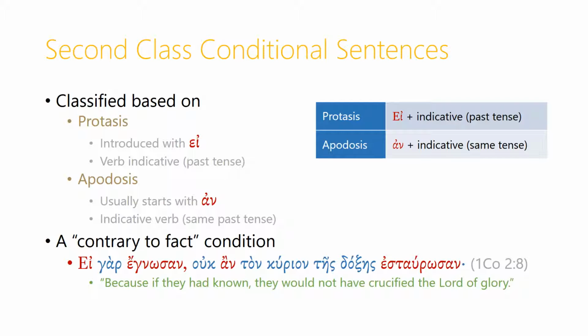Ei gar egnosan, if they had known, ouk an, there's our an, ouk an ton kyrion tes doxes estaurosan. They would not have crucified the Lord of glory. And crucified, estaurosan, is in the same past tense, aorist, as egnosan, the verb in our protasis.